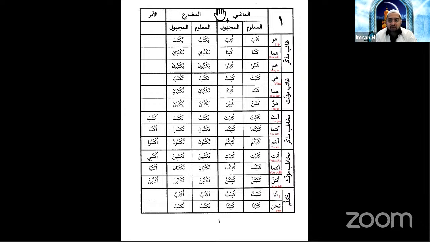So whenever we say fi'l madhi ma'loom, it means we know who is performing the action. For example, Zaid wrote a letter. Zaid is the one doing the writing. The letter is the thing which he wrote, the object.